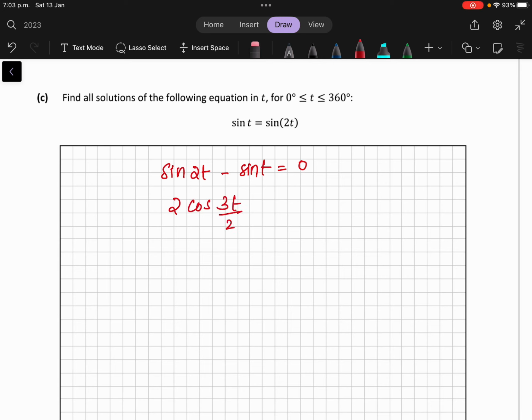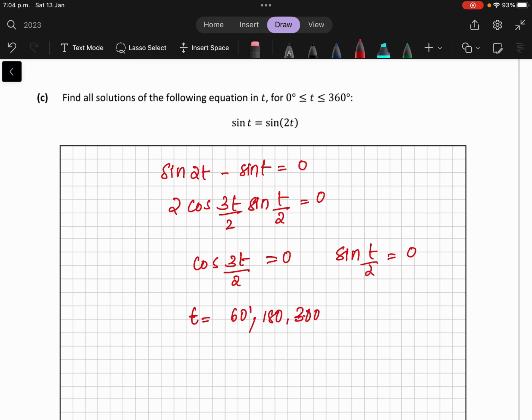So it is 2 cos(3t/2) sin(t/2), which is equal to 0, so cos(3t/2) is equal to 0 or sin(t/2) is equal to 0. Then t is equal to 60, 180, and 300, and t will also be equal to 0, 360. So you can use this method.